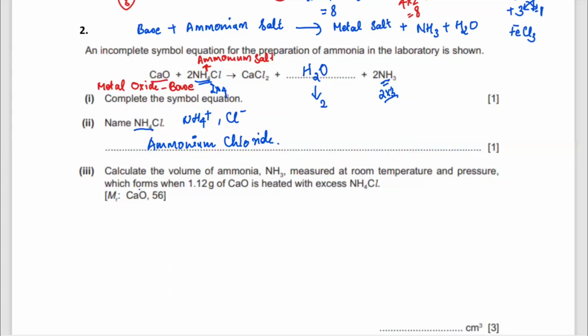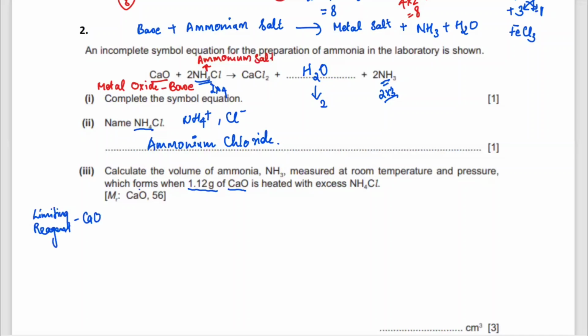If you haven't watched that part, that is part 1 of this series, I'll give the link below. You can watch it. So over here, it says 1.12 gram of CaO is heated with excess NH4Cl, which means the limiting reagent over here is calcium oxide.